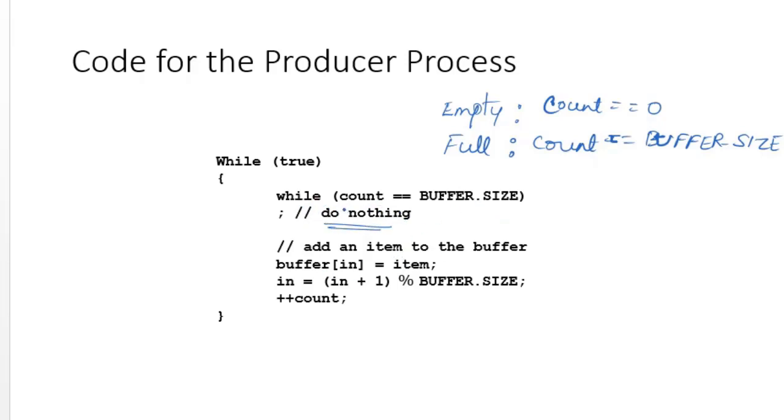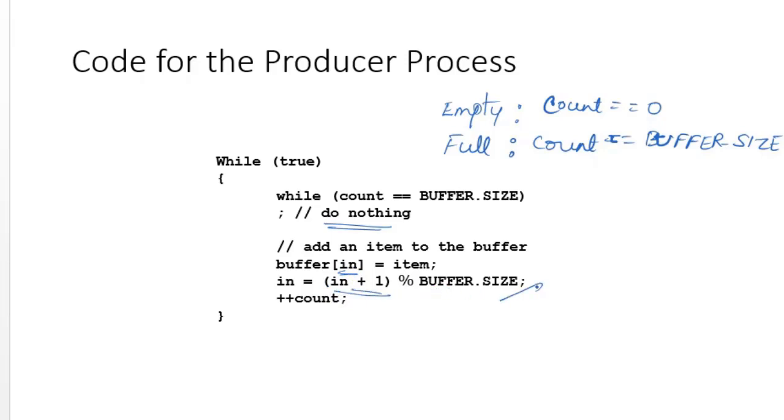Otherwise, if count is not equal to buffer size, meaning count is less than the buffer size, then you can produce an item which is temporarily held in the local variable called item, through which it is passed on into the buffer to the position pointed by in, and afterwards we are incrementing the in pointer by 1.